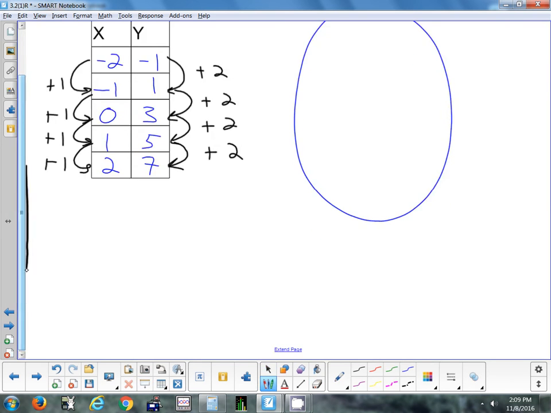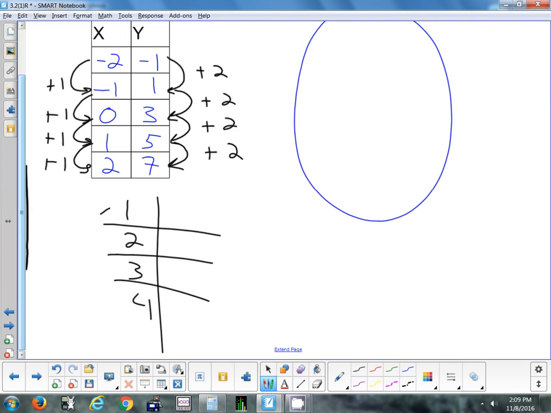If you had something like this, I'm just going to make a little shorter table. How am I getting from here to the next one each time? Plus 1, so that's good. The x's have a pattern, but watch what I do to the y's. There's a pattern there. Does anybody see what I'm doing? Timesing by 2.